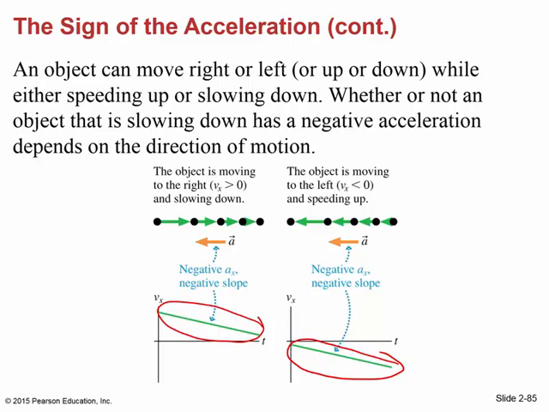That means the object is actually slowing down. However, right here, it's going from low velocity to higher velocity, so it's actually speeding up. But you still get a negative slope. Why? Because the final velocity here is greater than the initial velocity.